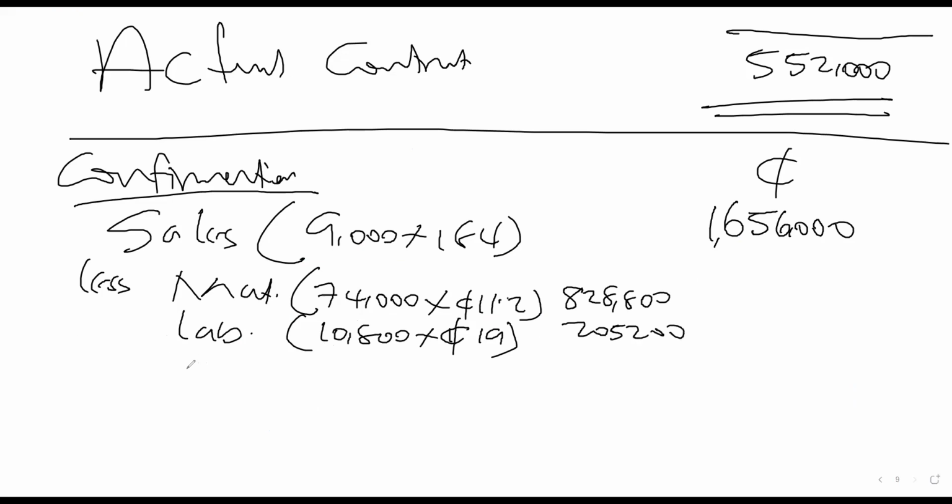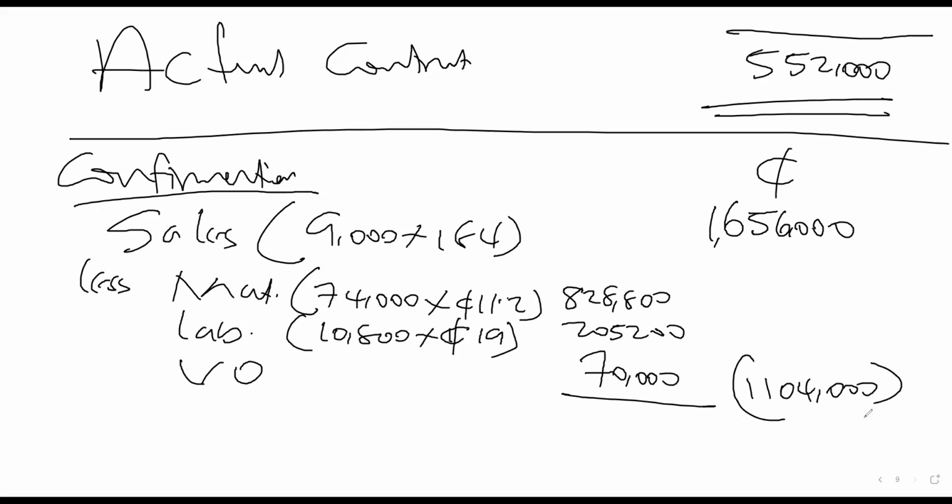Lastly, you go to variable overhead. They said it's 70,000. Add everything together: 828,800 plus 205,200 plus 70,000 is 1,104,000.